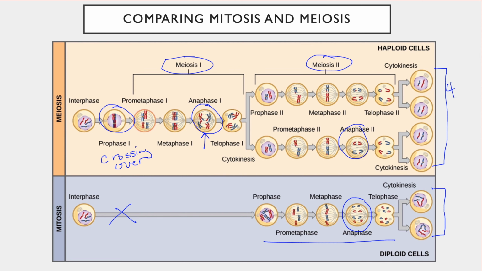You have 4 cells in meiosis. They're all unique. And in mitosis, you'll end up with 2 cells that are identical.